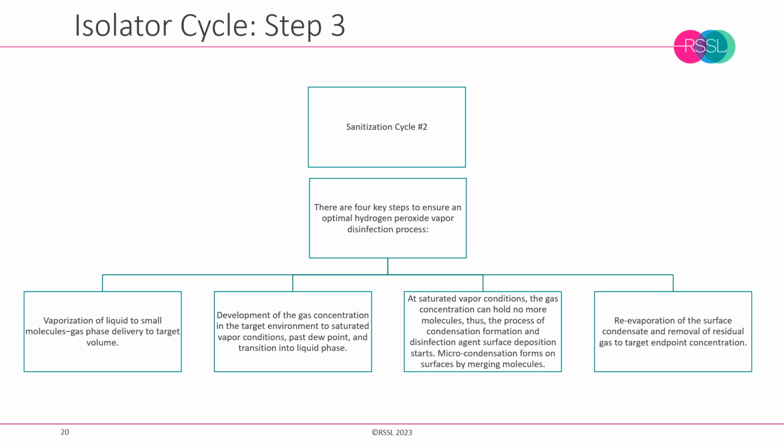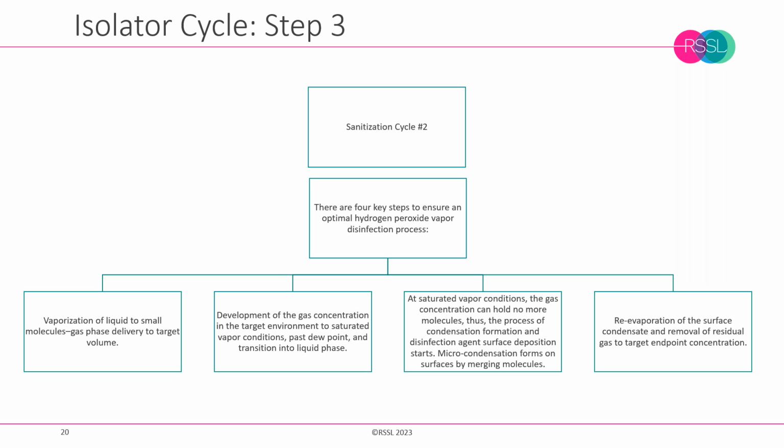We need to ensure we have development of the appropriate concentration of the vapor in the target environment, and then to hold that for the appropriate time. And in this particular process, we're seeking saturated vapor conditions so that the gas concentration is at a point when it can hold no more molecules, and this starts a process of condensation formation, and the disinfectant agent surface deposition starts.